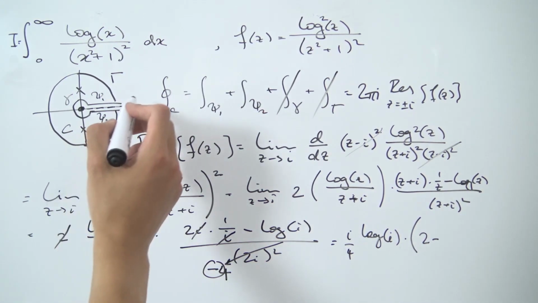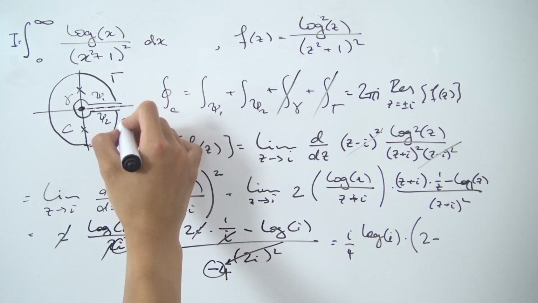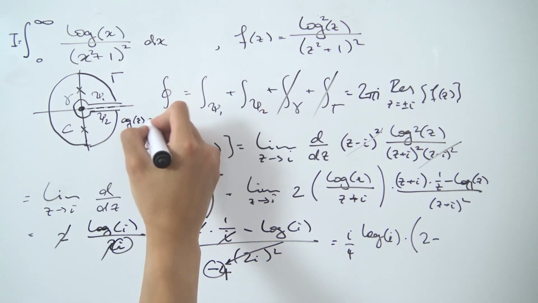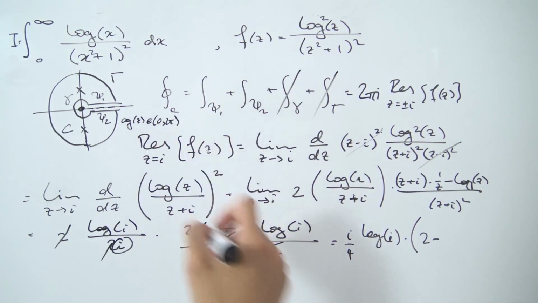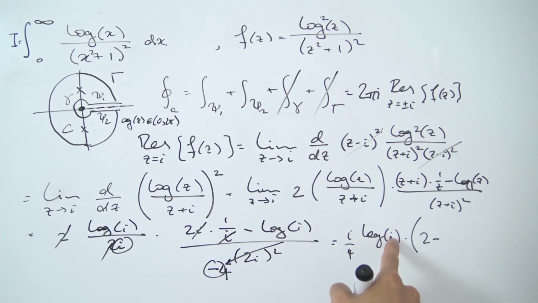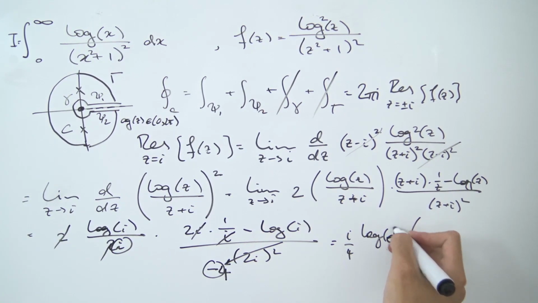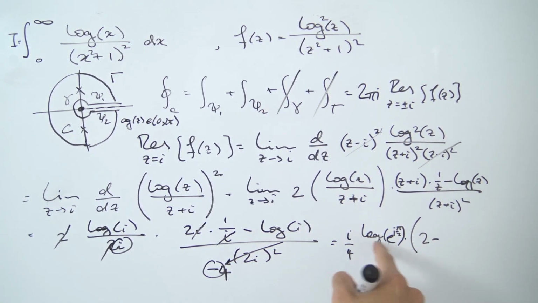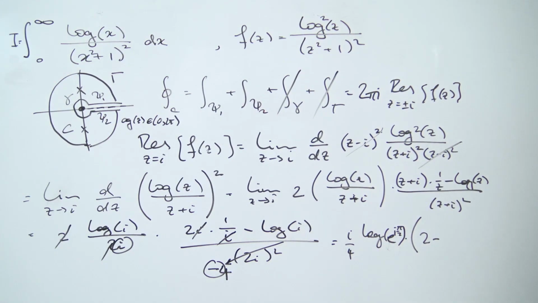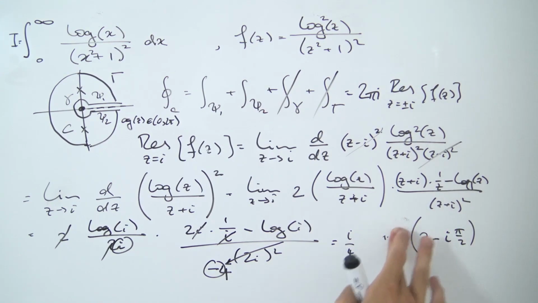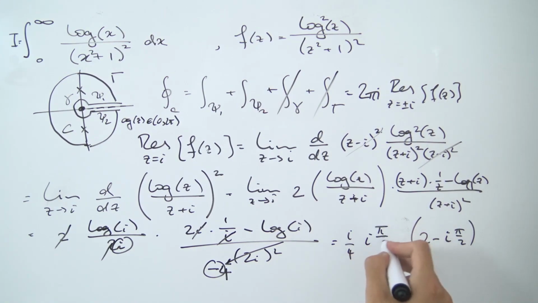Well, what is the branch we're choosing? It's pretty clear. In this case, it's arg of z on the interval 0 to 2 pi. So on that interval you can write i as e to the i pi over 2, and the log and the e will cancel, leaving us with i pi over 2. We can do the same thing over here.